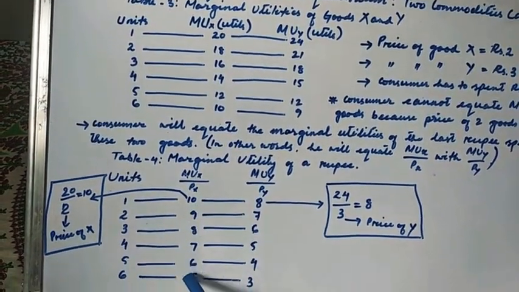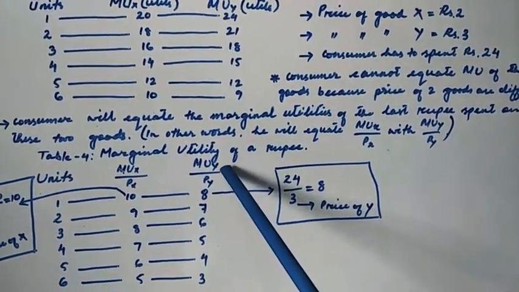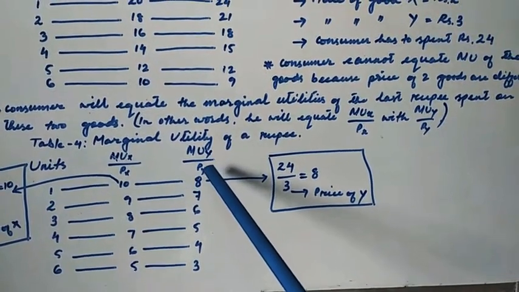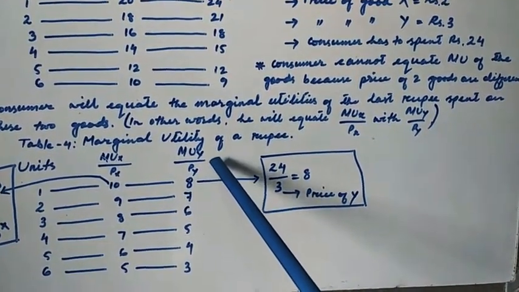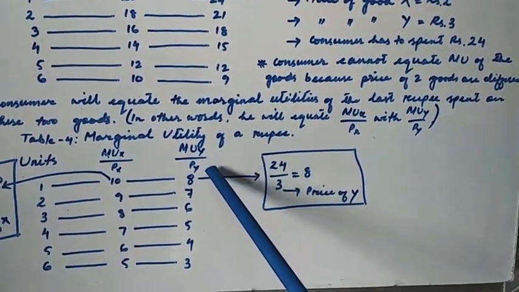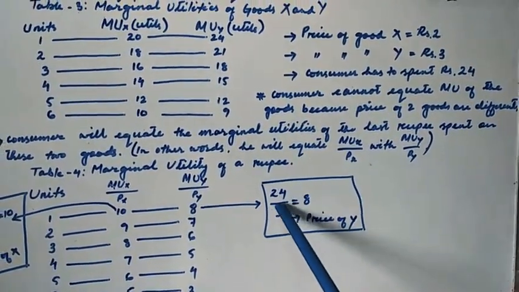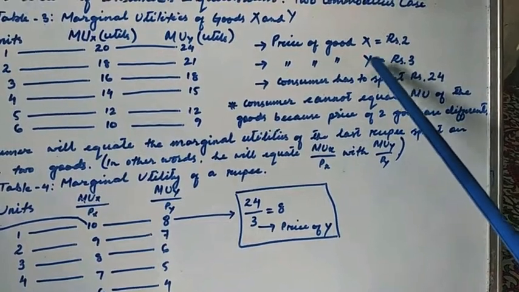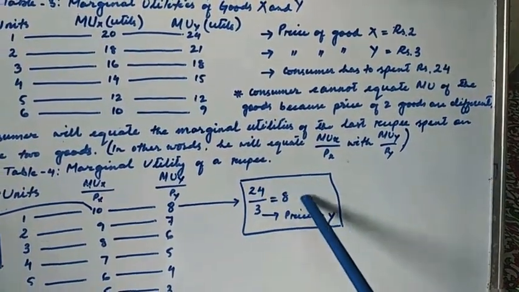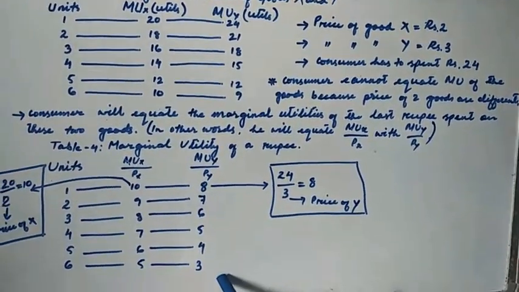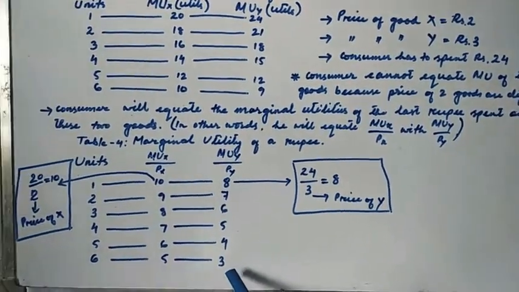For good Y, we divide the marginal utility of good Y by the price of good Y. So 24 by 3, where 3 is the price of good Y that we have assumed. So we get 8. That is how we got all the marginal utilities of a rupee.